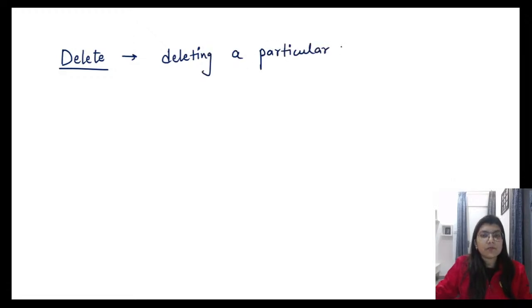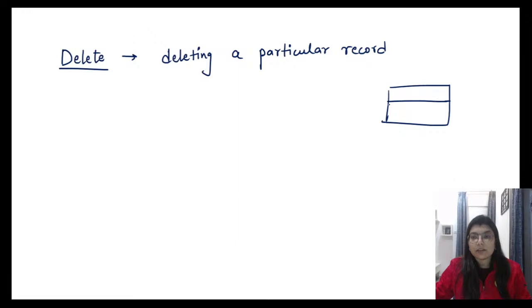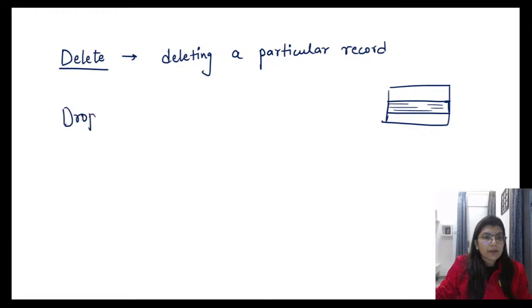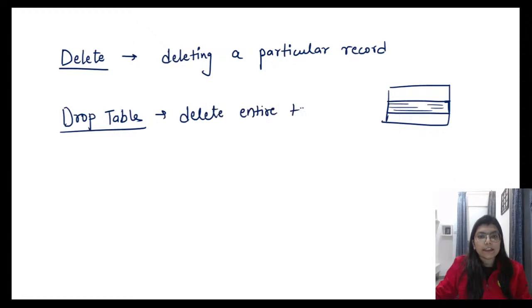Particular record means a particular tuple, if this is my table, if this is my relation, and in that a particular record, if I have to delete this record, for that I'll be using delete. Okay, drop table, what will it do? Drop table will delete the entire table, the entire relation will be deleted.